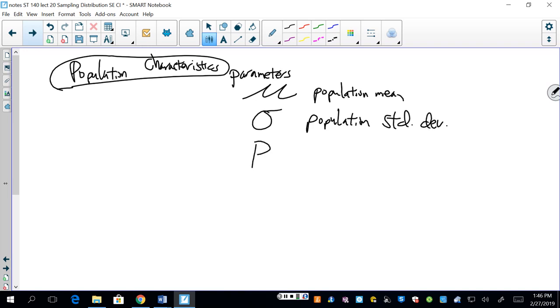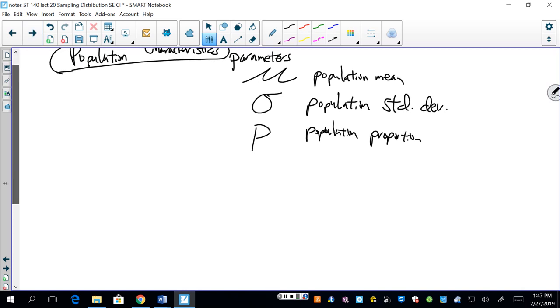Just a simple P for the population proportion. And in general, those things aren't known to us. There are things more like flipping the pigs, where we don't know the physics of it, how it's going to turn out, and we don't have enough experience to say that it's 50-50, like flipping coins or something, right?